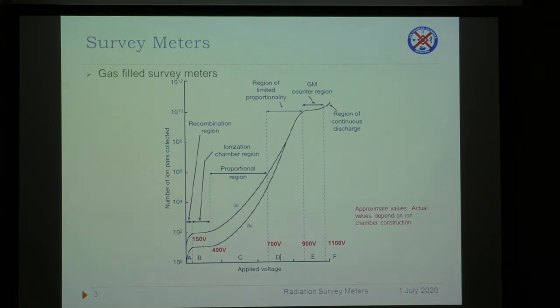Your voltage is so high that it's just causing ionizations even if there's no radiation present. These are just approximate values for where these regions are. The actual values for these voltages will depend on the ion chamber construction. It depends on the pressure, the size, and the type of gas you're using, which will dictate what these voltages are.